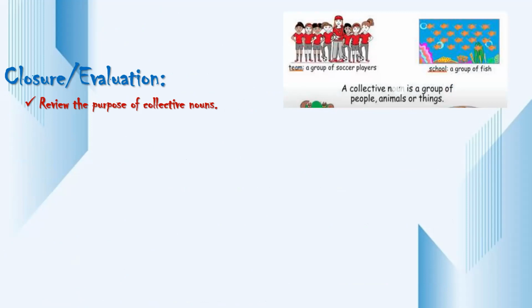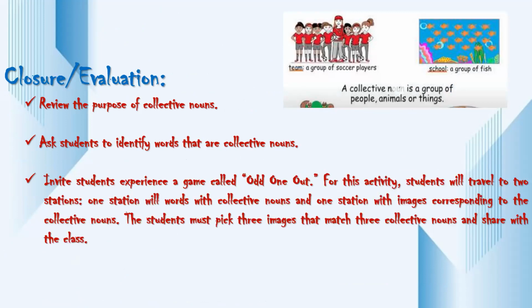What is the purpose of collective nouns and why do we use them in everyday situations? Explain to them why there's a need for a family. Why do we need to say a team instead of a person or people? Then ask some of them to identify a few new collective nouns if they can think of any.